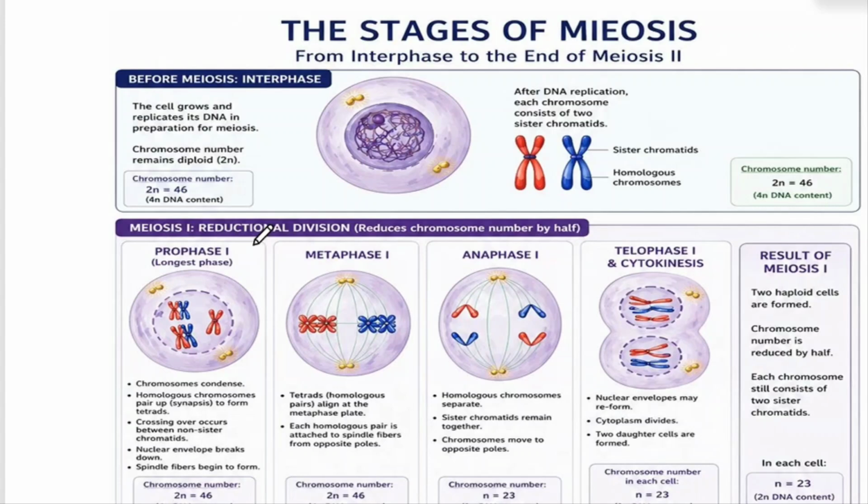Unlike mitosis, meiosis reduces the chromosome number by half, from 46 chromosomes, which is 2n, to 23 chromosomes, which is n.